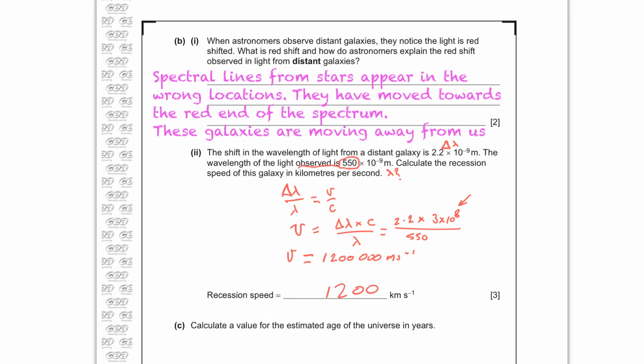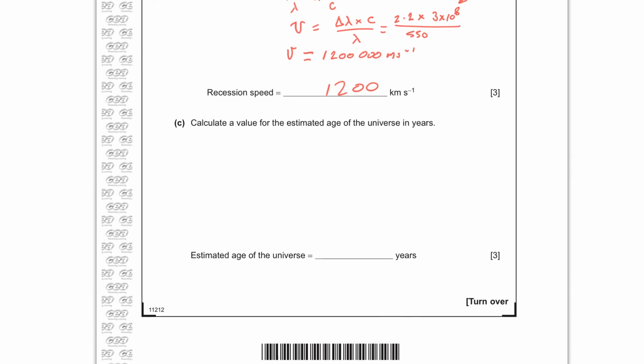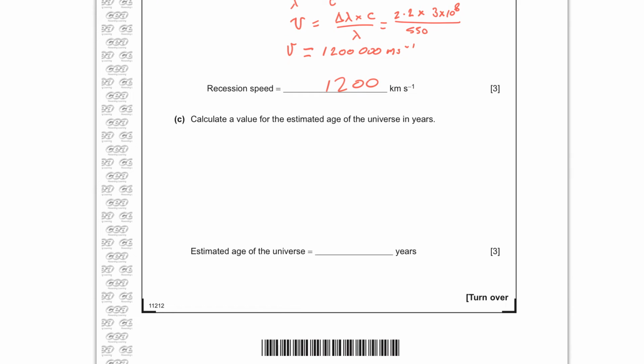Part C then, calculate a value for the estimated age of the universe in years. And so with no other numbers here, they're obviously going to ask us to do 1 over the Hubble constant. So this is a very rough approximation using the SI version of the Hubble constant, which is 2.4 times 10 to the minus 18 seconds to the minus 1.